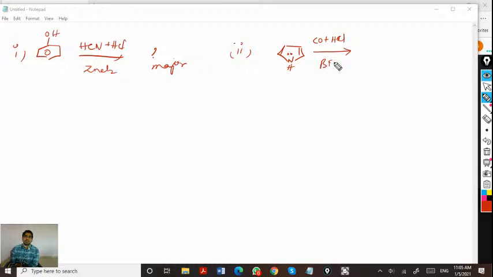If this is there in terms of BF3, here it is a Lewis acid. What could be the product? You need to write the major product only.